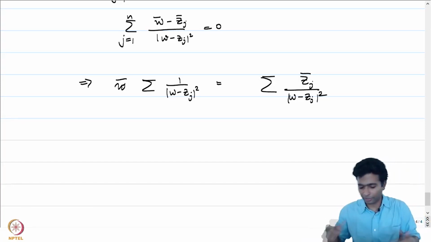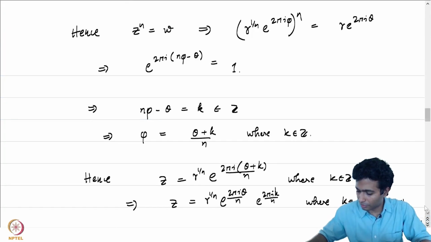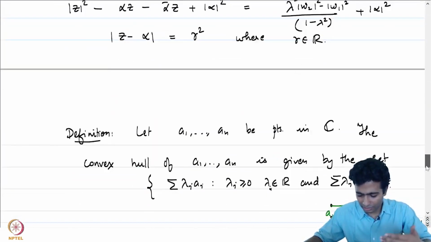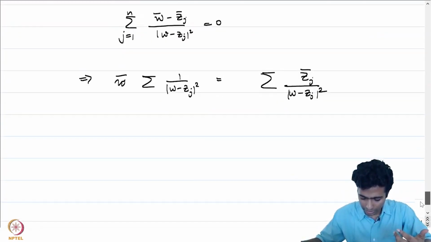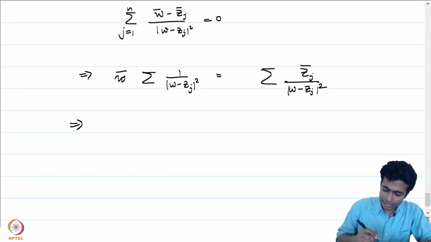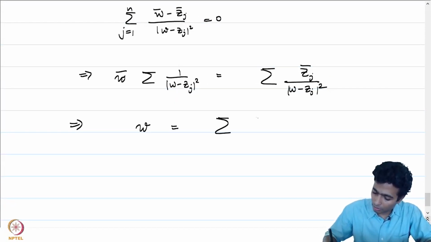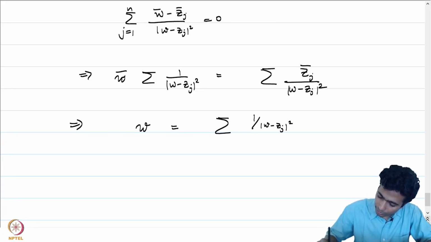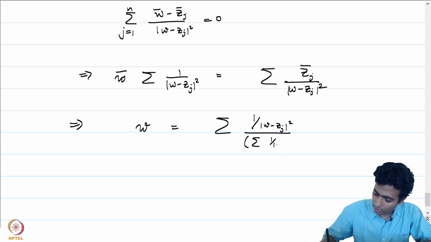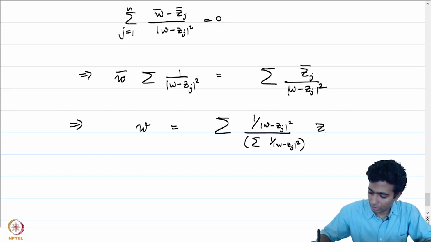Let's now take the complex conjugate. We could have started off with the complex conjugate and then worked, but that's okay. After taking the complex conjugate, w is equal to the summation of (1 by mod (w minus Zj) squared) divided by the summation of 1 by mod (w minus Zj) squared, times Zj.